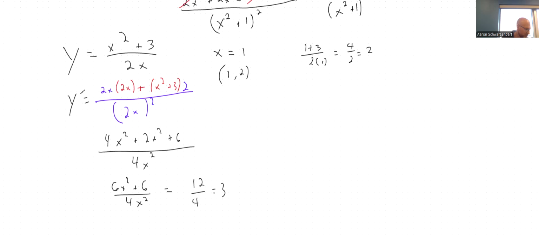They did it a different way, which is fine. I can show you the way they did it second, but we should be able to do this by the quotient rule. Low times derivative of the top. Those are right. High times derivative of the bottom.